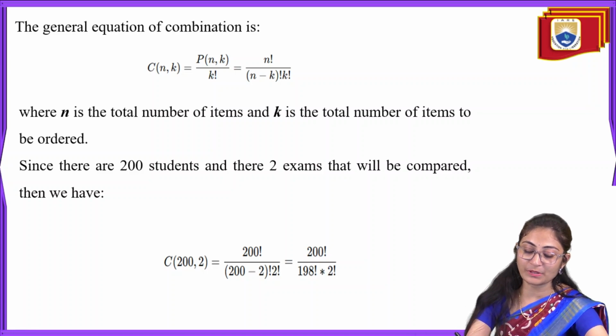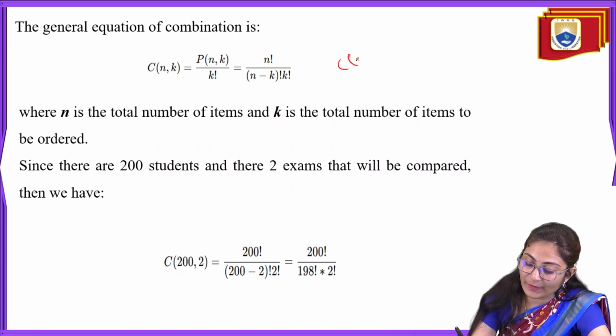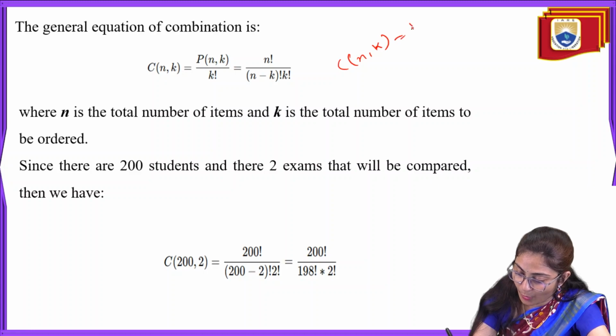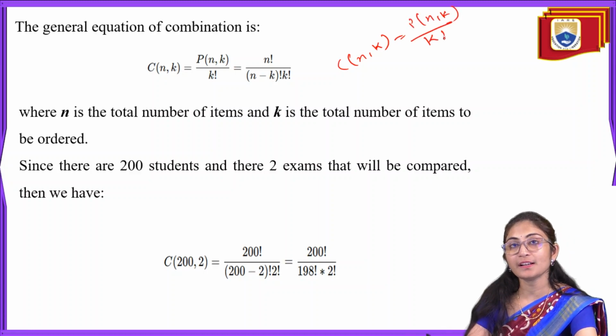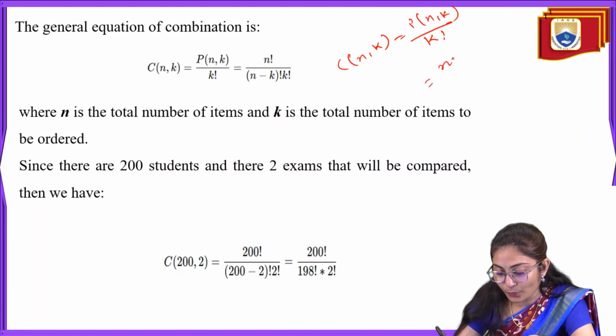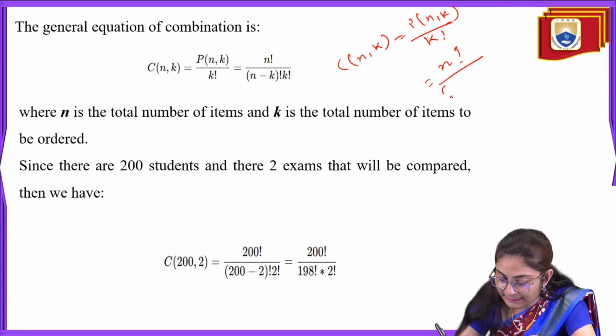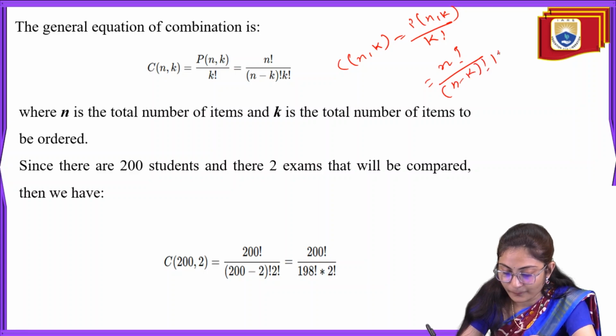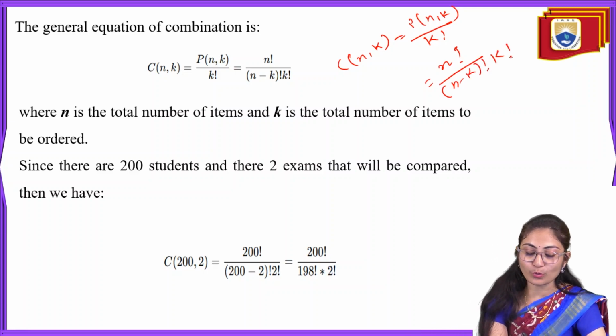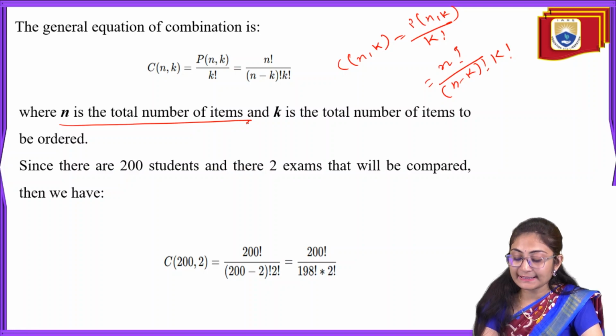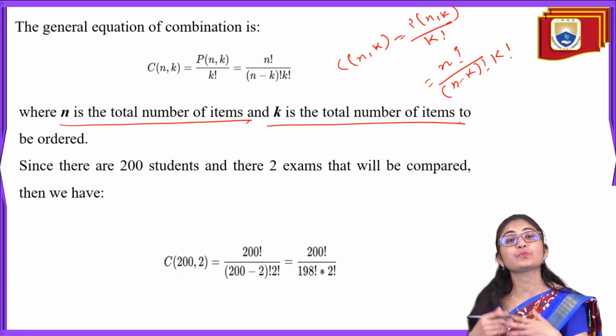The equation of the combination is C of n comma k is equal to P of n comma k divided by k factorial, so n factorial divided by n minus k factorial times k factorial. Here n is your total number of items and k is your total number of items to be ordered.